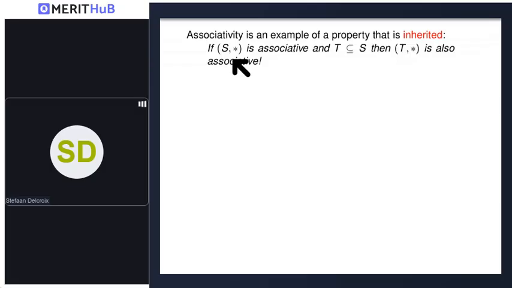Suppose that you have a set S and an operation that is associative. If you pick any subset T of that set S, then T will also be associative. You might wonder, why does that work for associativity and not for closure? Roughly speaking, any property that is true for the big set is true for a subset. It is inherited, but it might not be the property that you want.